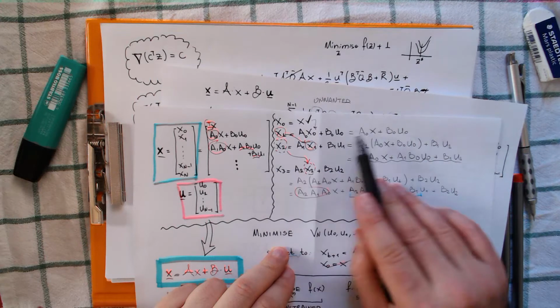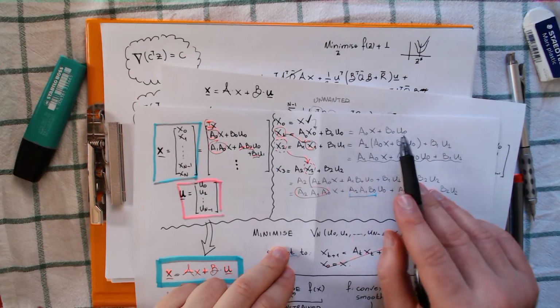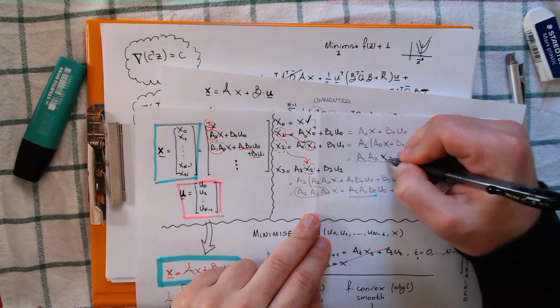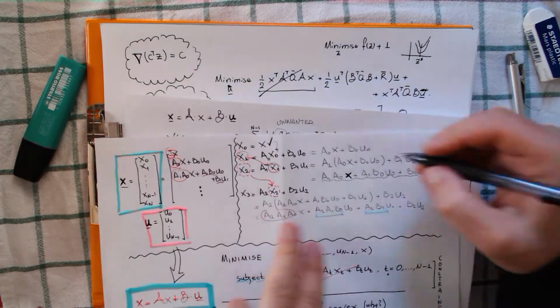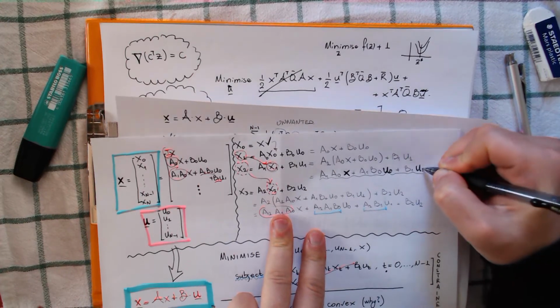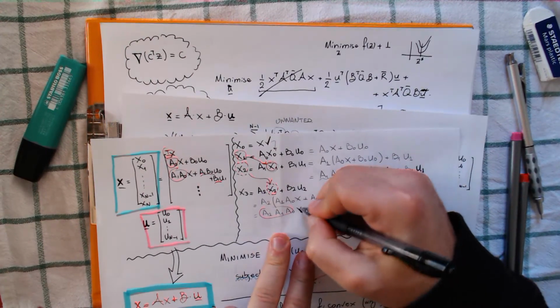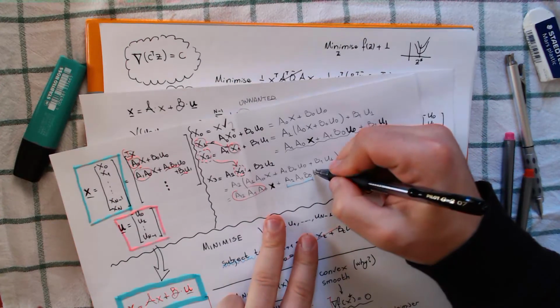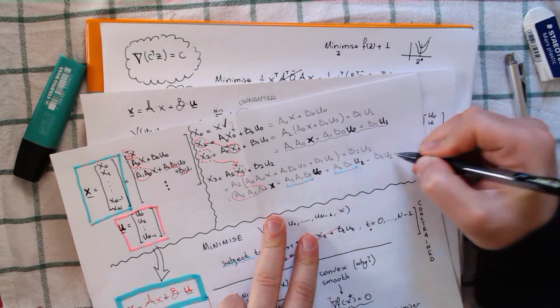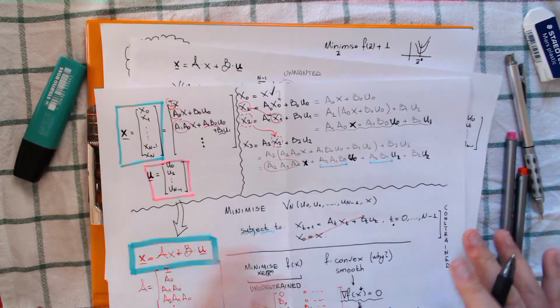And we did that. We wrote each one down carefully, x0, x1, x2, and so on. And x1, for example, was a0 x plus b0 u0. x2 was this expression that you can see depends only on the initial condition, u0, and u1. So all these are absolutely fine.